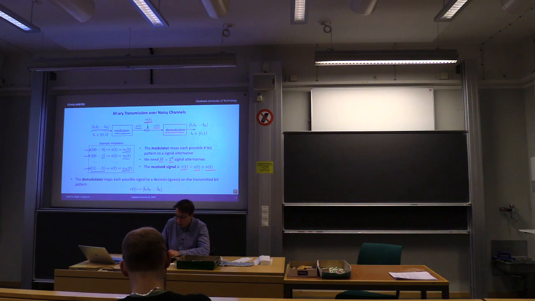Okay. So the demodulator maps every possible input signal to a decision, or a guess if you like, on the transmitted bit pattern. So it observes the received signal and it spits out k bits. Okay.